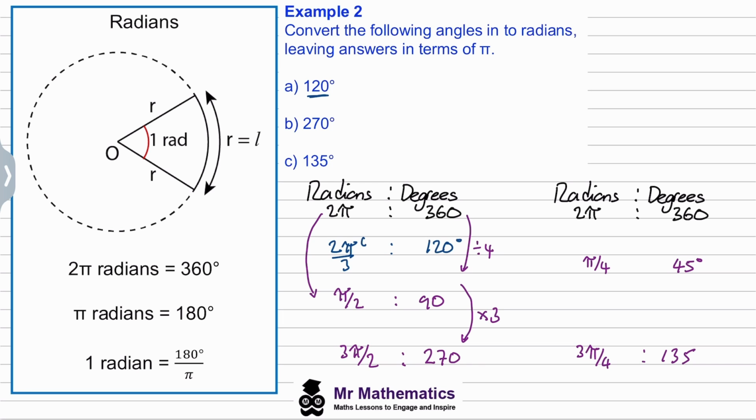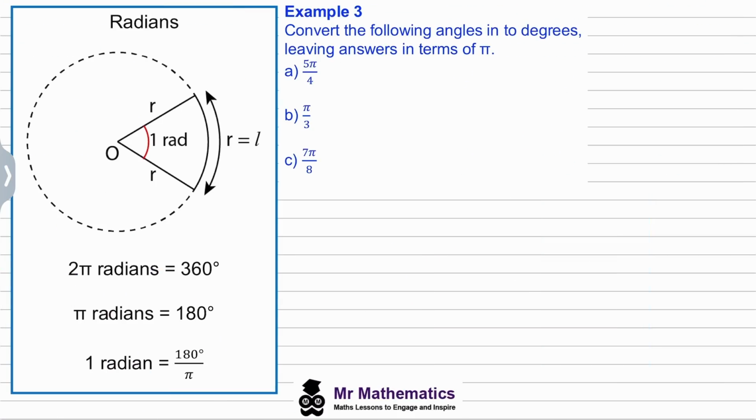In example 3, we're going to convert from radians to degrees. So now we need to convert 5 pi over 4 into degrees. So if we begin with this ratio, we can write 5 pi over 4 as 4 pi over 4 plus pi over 4. And this will just make pi.